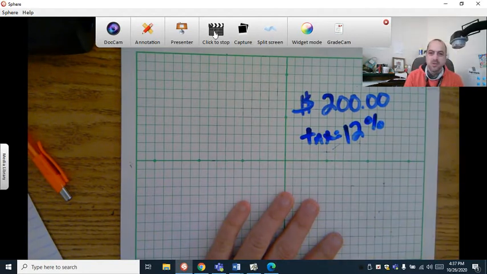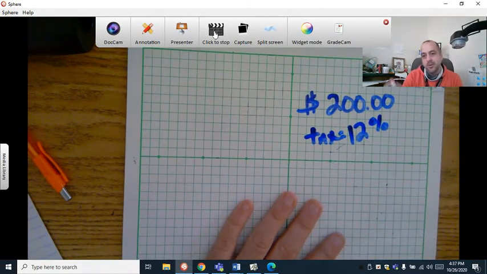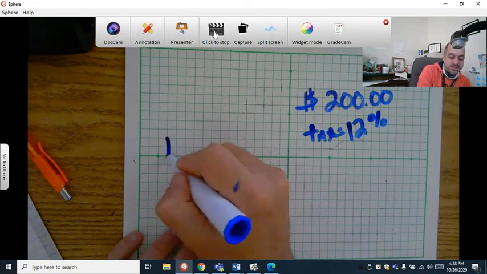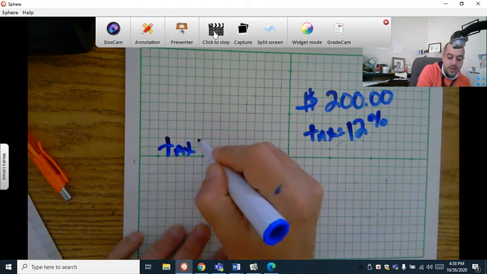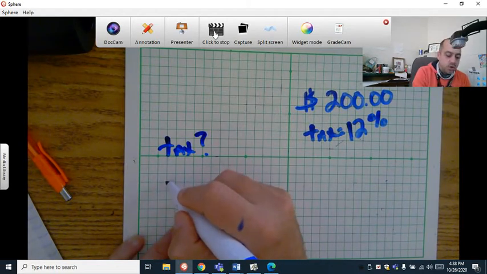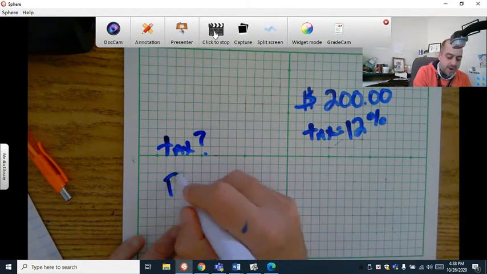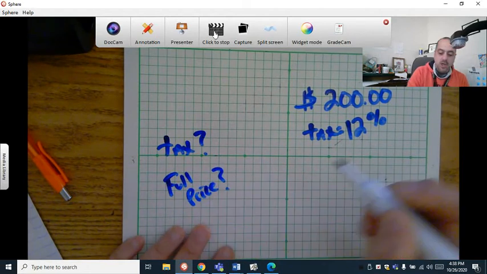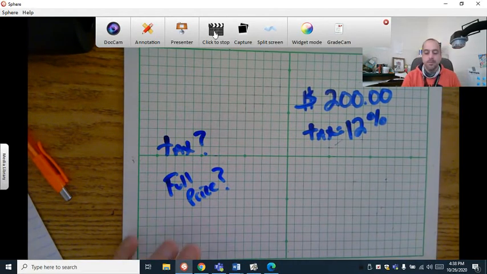It's a big tax, but we're making problems up, so who cares? All right, so $200, 12% tax. I want to know how much is the tax, the extra bit, and then I want to know what's the new price, what's the full price. We know it's going to be more than $200, right?